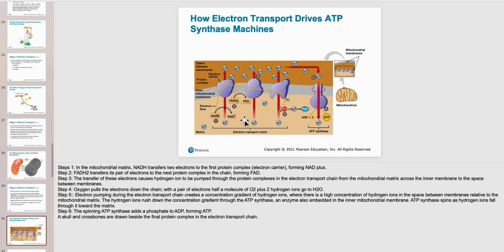And what we're doing here is we're using the electrons to move hydrogen. So they're acting like a pump. So what we're doing is we're moving these hydrogen ions to the other side. And see how there's a whole lot of hydrogen ions up here. So yes, we're using the energy of the electrons to move the hydrogen to this upper level up here, to this level.